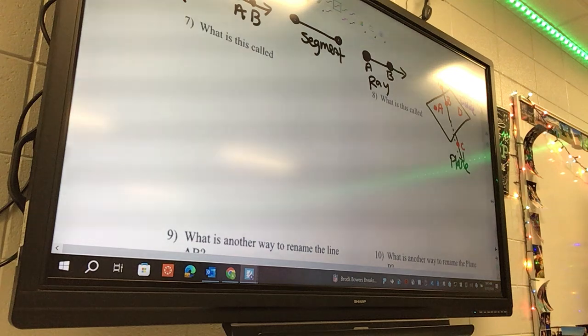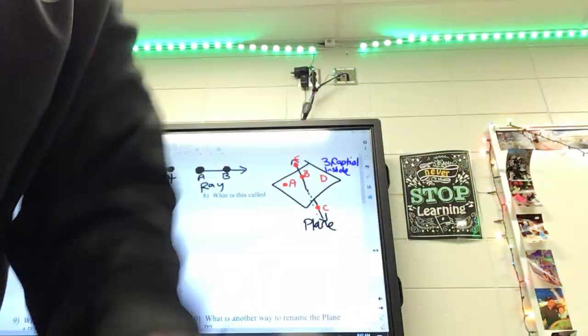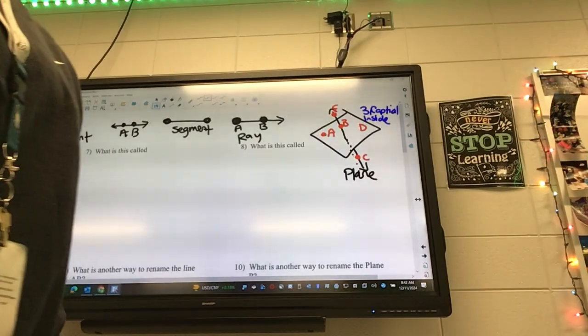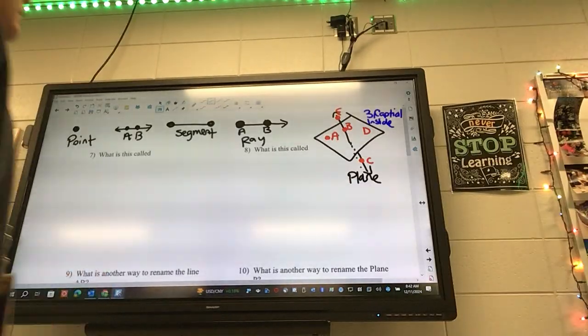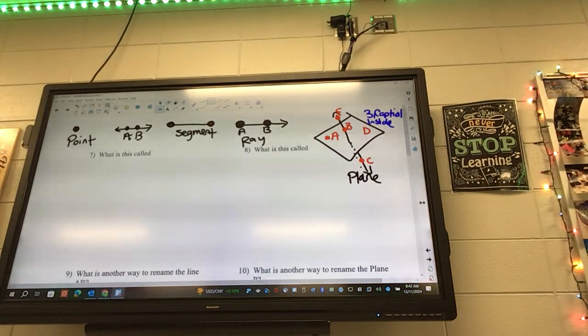We cannot use C or E. So you can use any combination of whatever's left. How could I do that? ABD. What else? DBA. What else? ADB. So any combination of those, but we cannot use anything else. So C and E are not allowed.